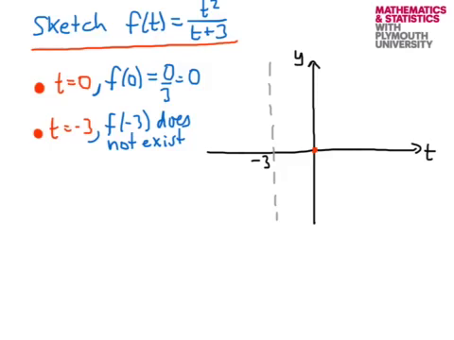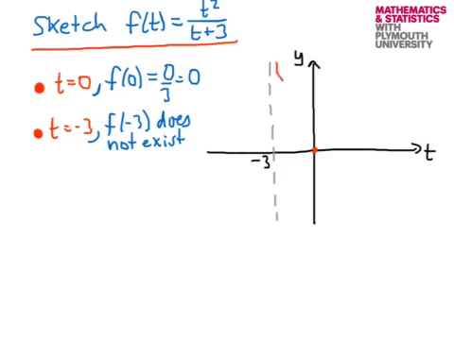Well, if we look at our function again, t squared is always positive. And if we look at t plus 3, we realise that if t is a little bit to the right of minus 3, t plus 3 is going to be positive. So we're going to have something positive, t squared, divided by something small and positive, so we are going to get a large and positive value.